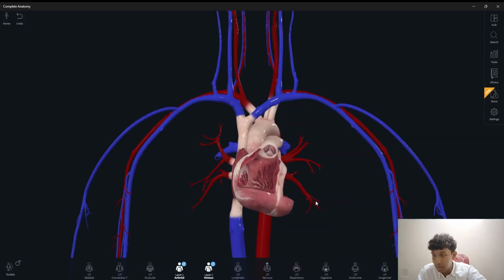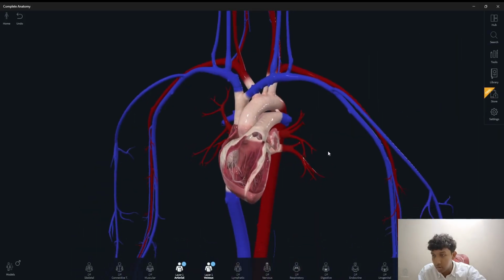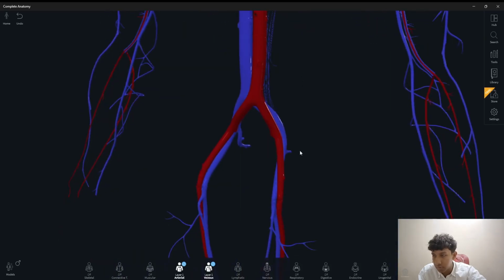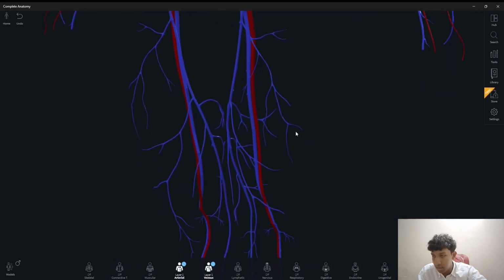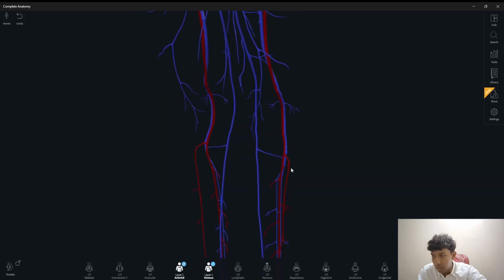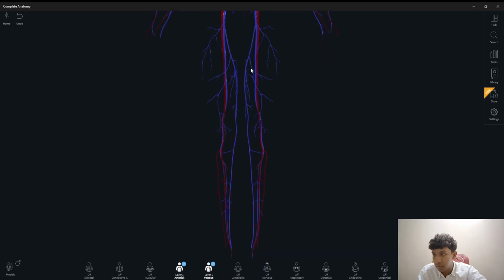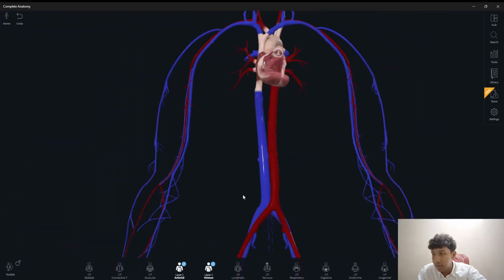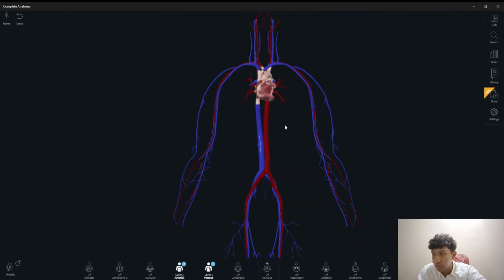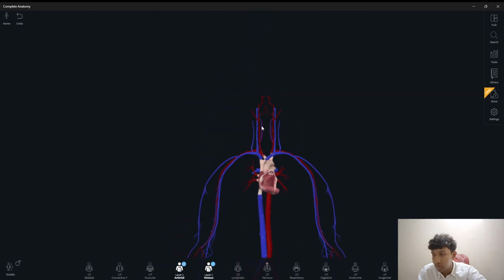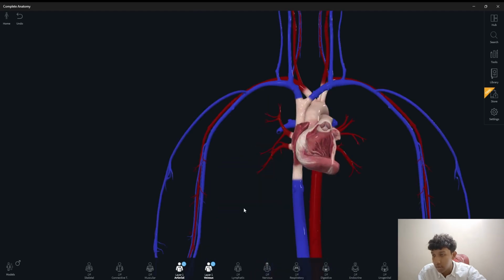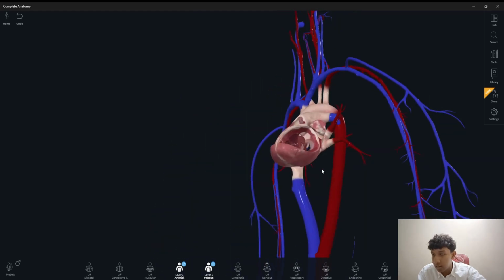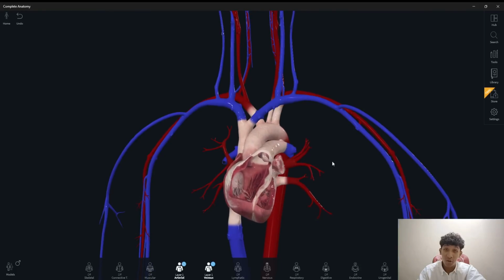And then the process repeats after there's an intracellular respiration process, and the oxygen gets exchanged into carbon dioxide, which travels into the vena, and then goes back in from whichever side it was from, whether it's the superior side or the inferior side. So yeah, that is the anatomy of the heart.